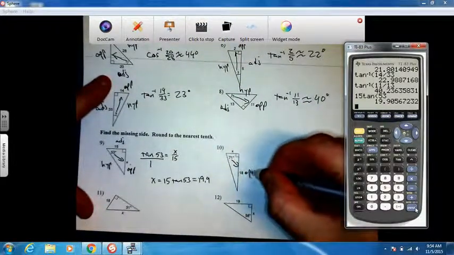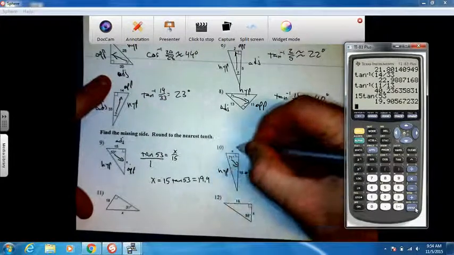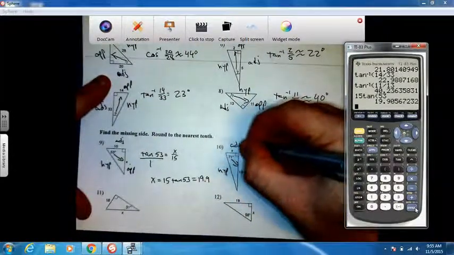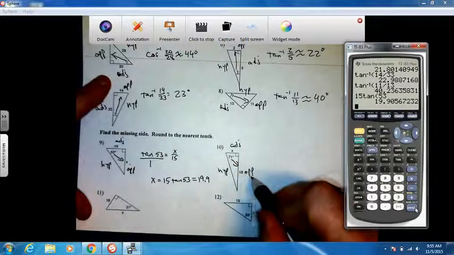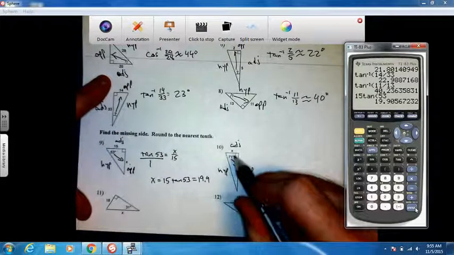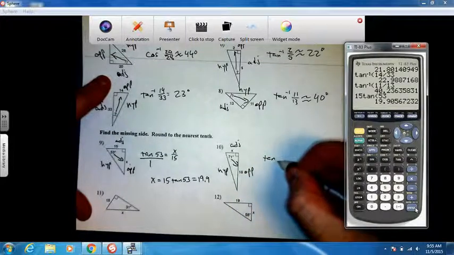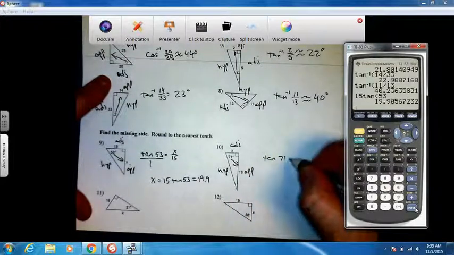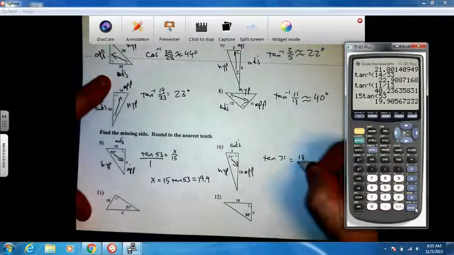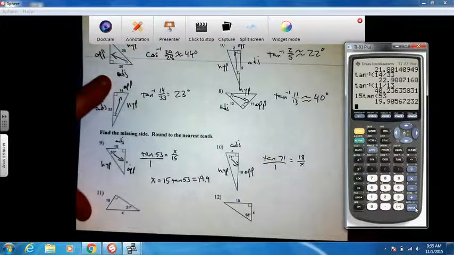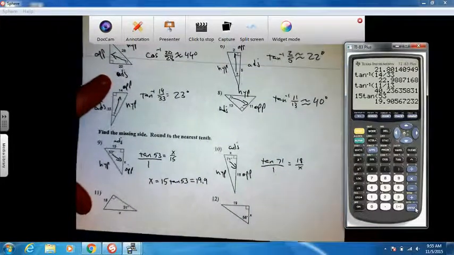Over here, number 10. This is the opposite, hypotenuse, adjacent. Okay, so I know the opposite, I know the adjacent. Well, I want the adjacent, but I know the angle. So opposite and adjacent, that's tangent of 71 degrees. Going to equal 18 over x. Make it a fraction. Cross multiply.